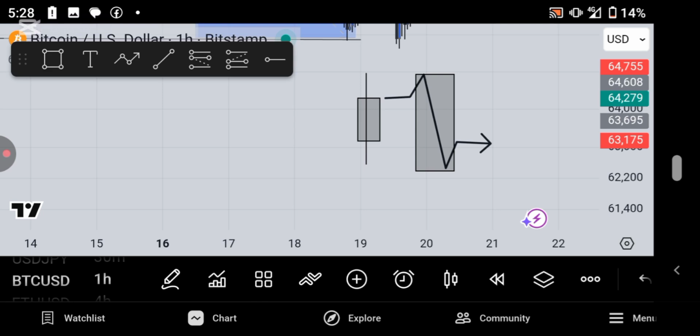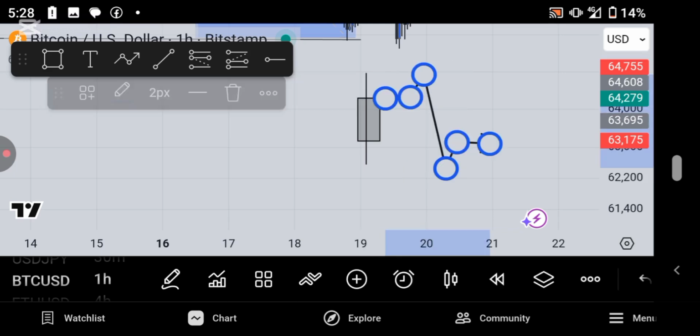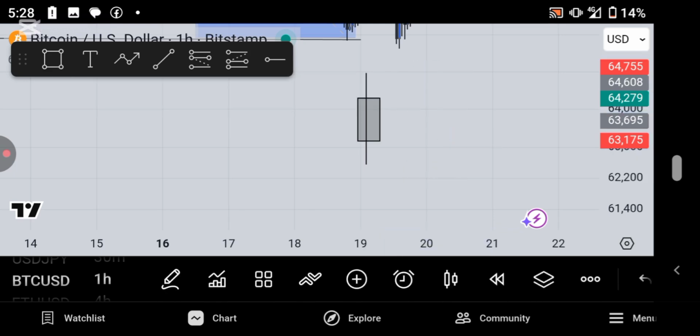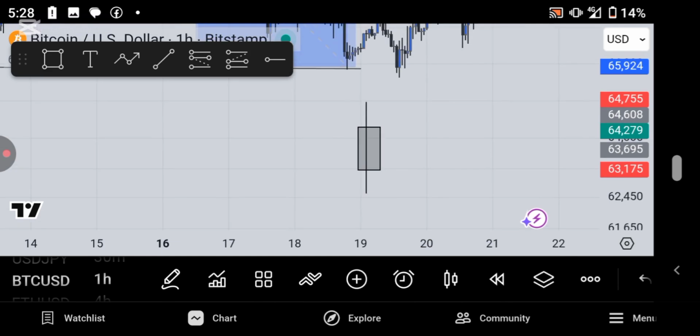So we will be combining the candle range theory together with our own point of interest to get a high probability setup. So let's do this. Let's assume our candle range theory comprises of three candles.